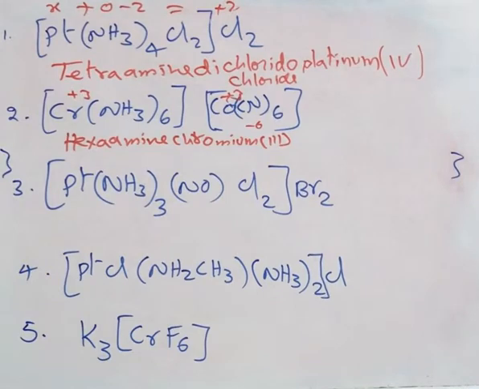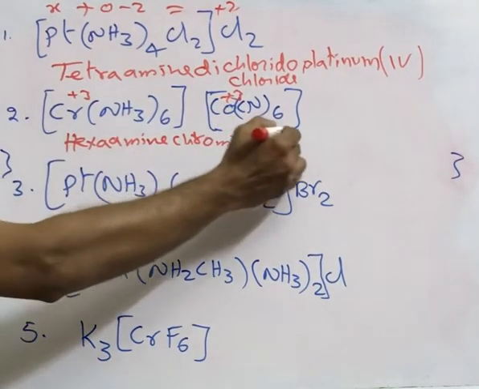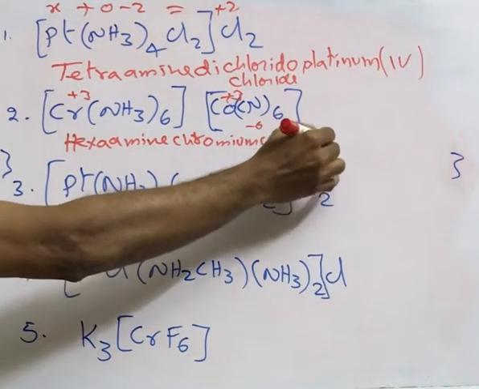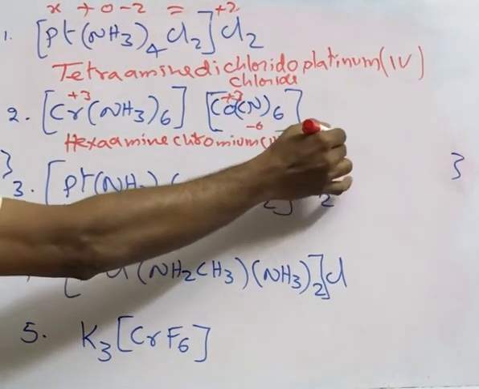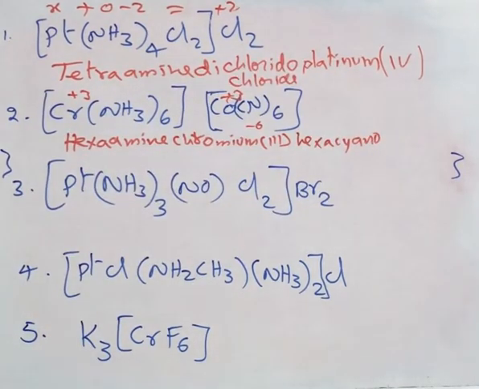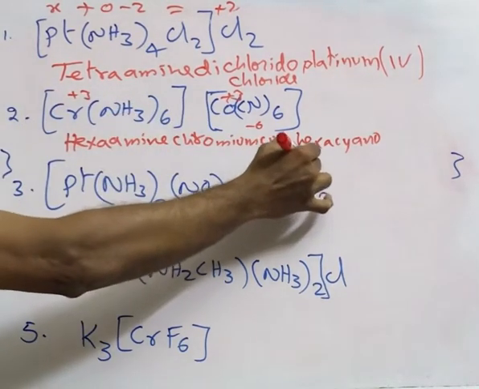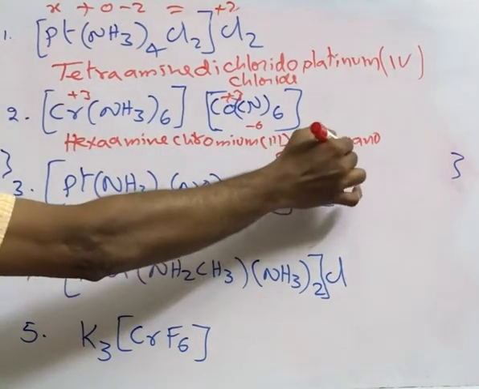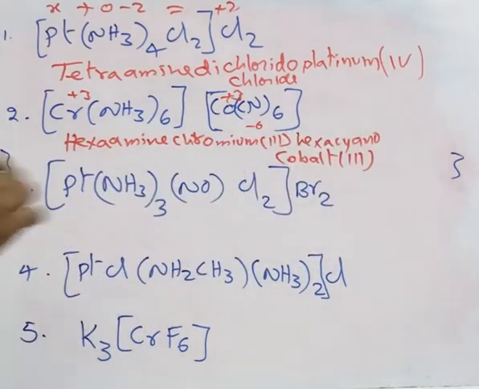Then next, what is the cobalt? There are cyanides, so hexacyano, cobalt 3, that's all. Hexacyano, cobalt 3.